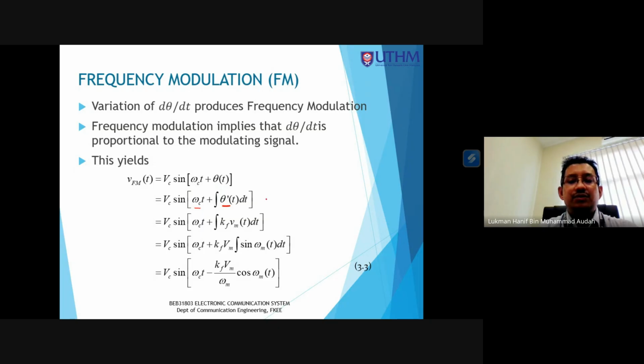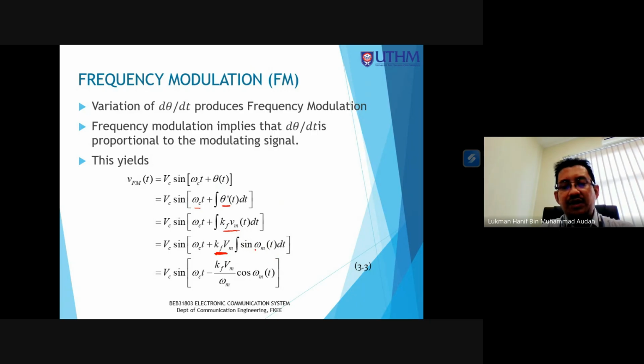Theta prime t, as we have seen previously, is Kf Vm sine omega m t. You can put Kf Vm outside because it is a constant, fixed parameter, and we integrate sine omega m t.